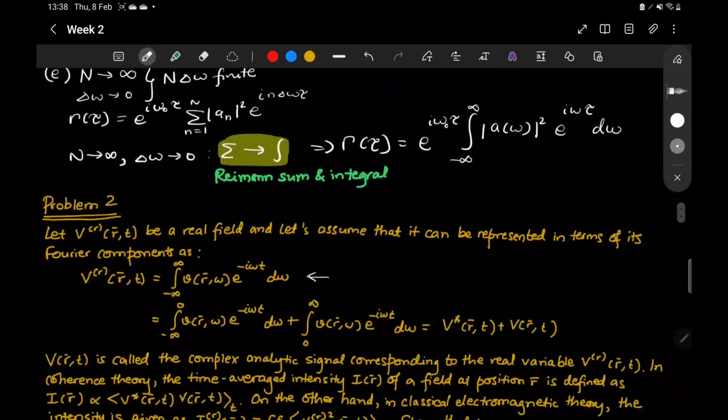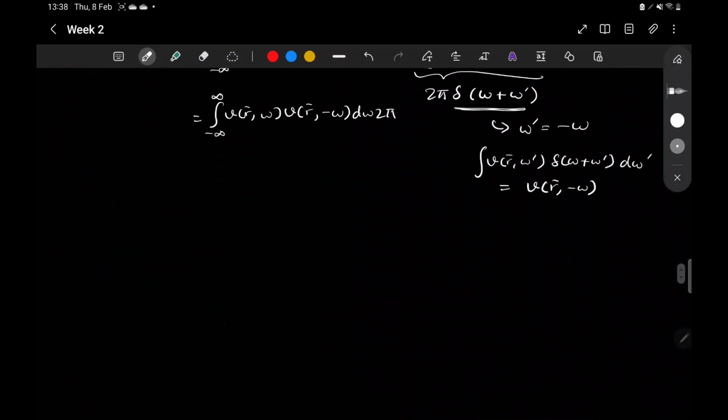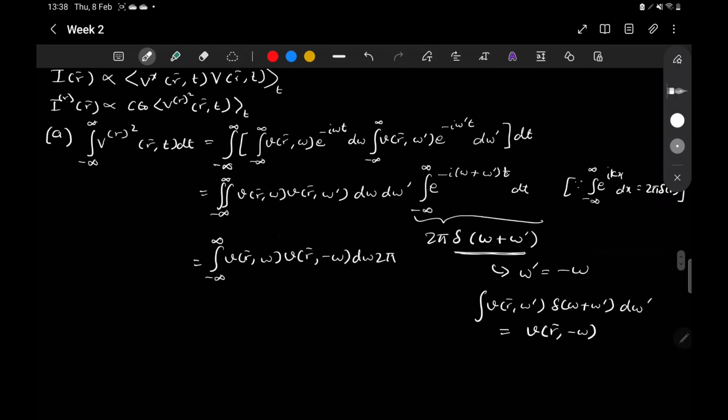So these are the properties of the Dirac delta function. Using that, we come to this expression over here.